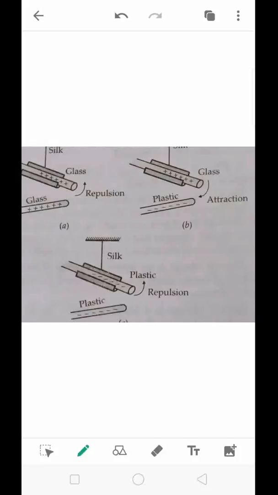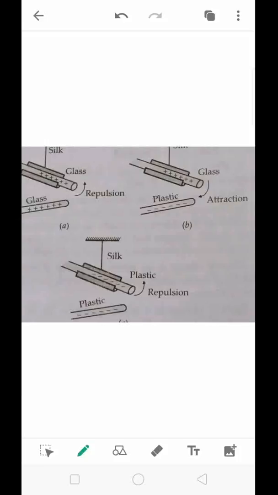In the first experiment, he has taken a glass rod and a silk cloth. So, here there are four objects used. Please try to understand clearly. One is the glass rod and the silk cloth, and the second is the plastic rod and the wool. When a glass rod is rubbed with the silk cloth, the glass rod will acquire a positive charge.